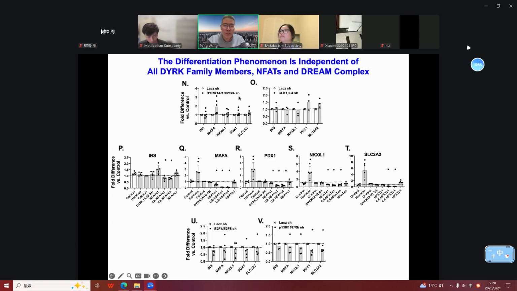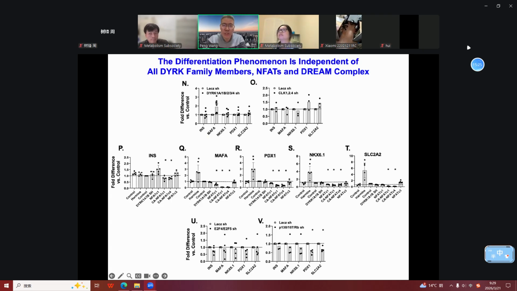From our kinome scan, we know that harming also can inhibit the whole DRG family, including DRG1A, DRG1B, DRG2, DRG3, DRG4. Harming also can inhibit the CLK family, CLK1, 2, 4. So we made a virus that can silence the whole family, and then we test in human islets. As you can see here, compared with control, we only see maybe one gene, MAF-A.